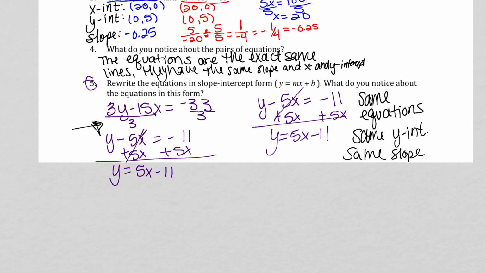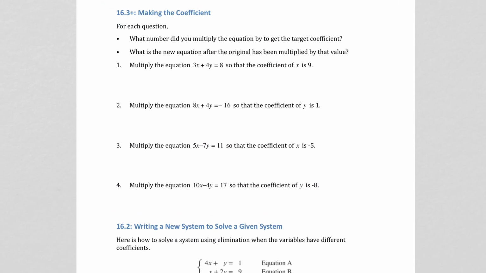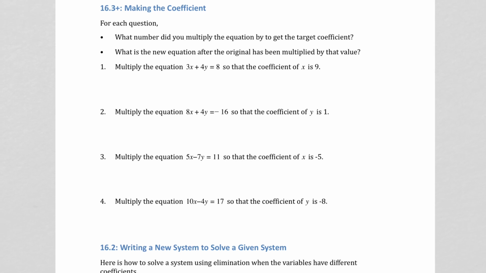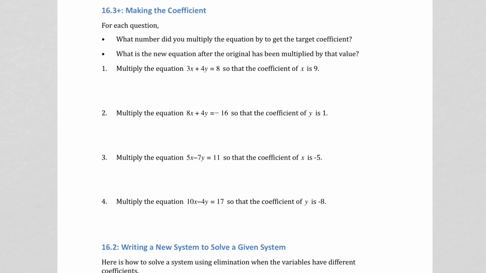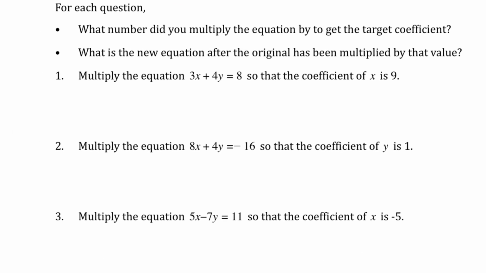So, making the coefficient. For each question, we want to answer, what number did you multiply the equation by to get the target coefficient? What is the new equation after the original has been multiplied by that value? So, we want to multiply this equation here on number 1 so that the coefficient of x is 9.